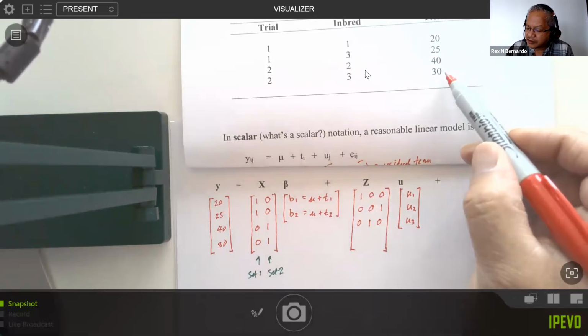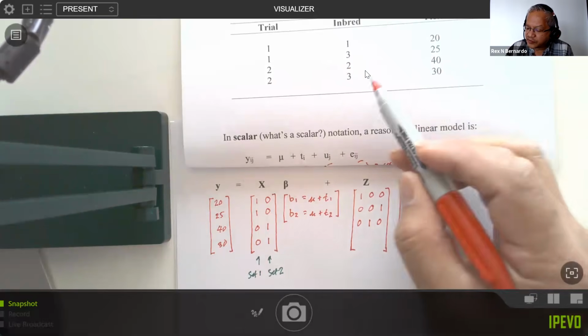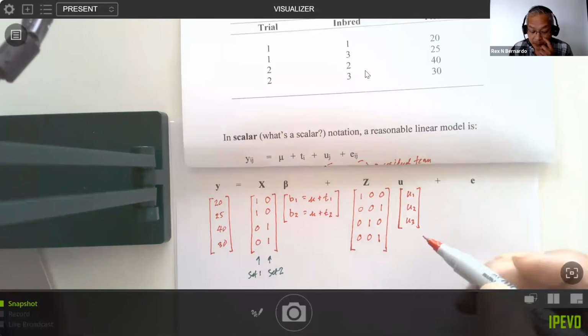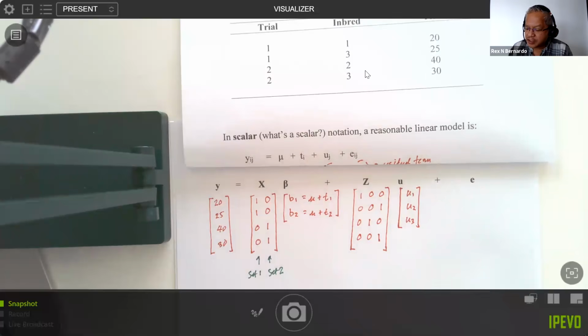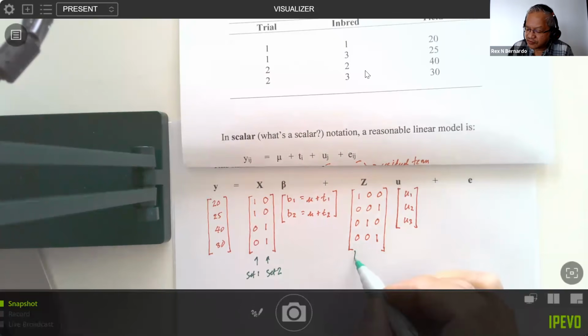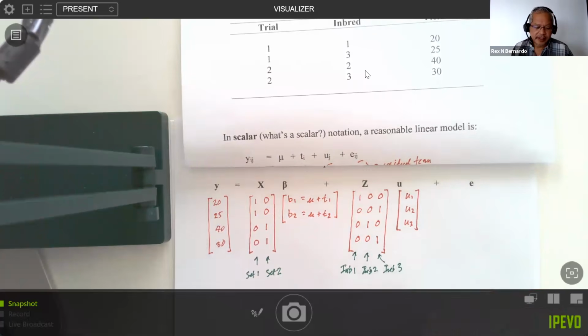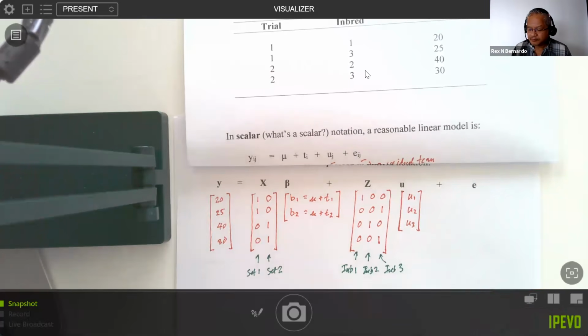And finally, the third one of 30 was for inbred 3, so therefore we put 1 in the third column, 0 and 0. So again, the way to look at this is the first column is for inbred 1, the second column inbred 2, and the third column is inbred 3. All right. That clear so far? Any questions?